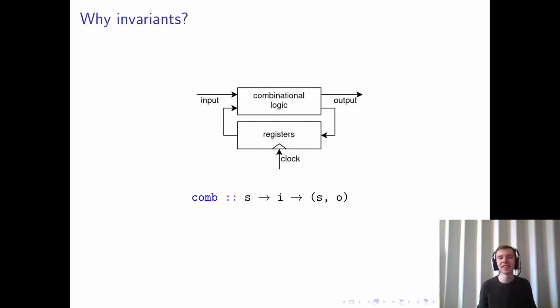And clearly, since this input state is provided by the same combinational logic at a previous cycle, the refinements that are provided as the input state have to be provided as the output state as well. So if you consider the type signature of this combinational block, you'll see that the S's, or the state, both get the exact same refinement, and in turn they have an invariant over them.